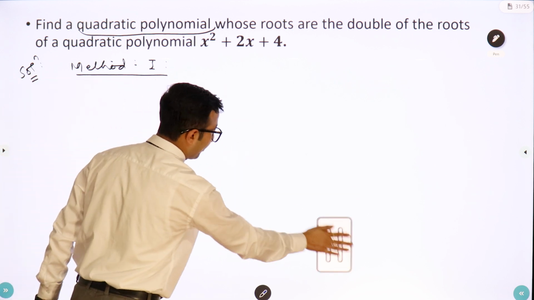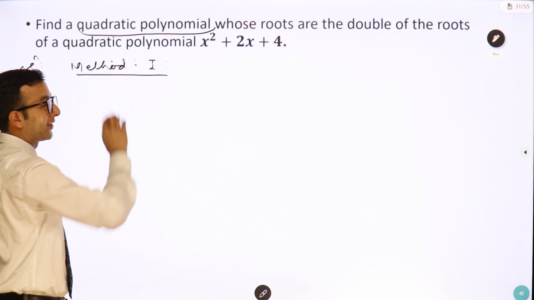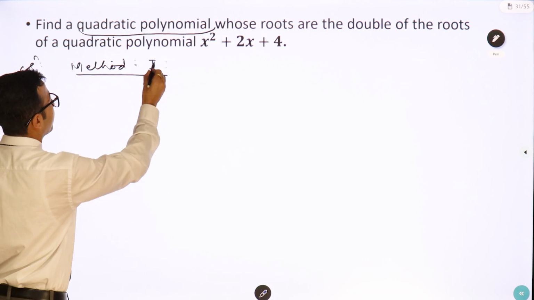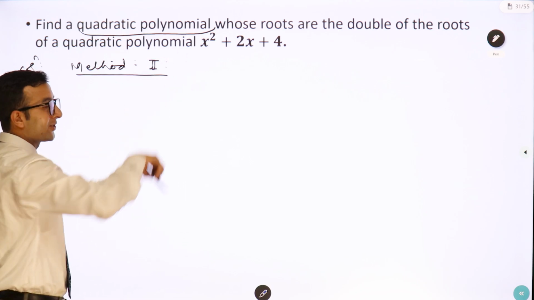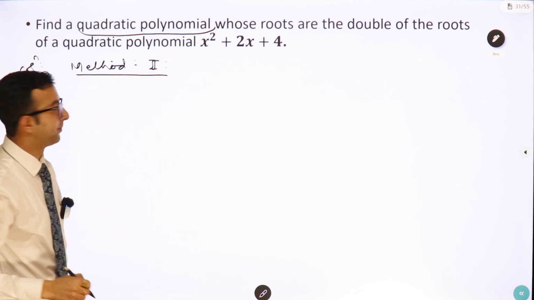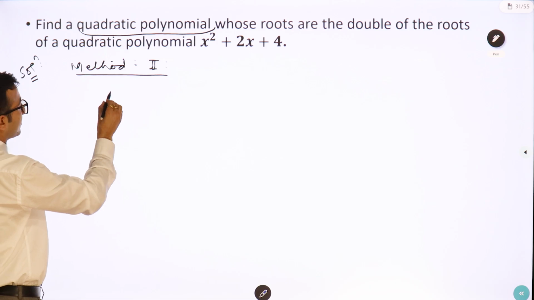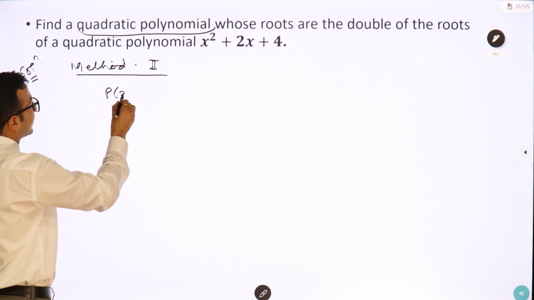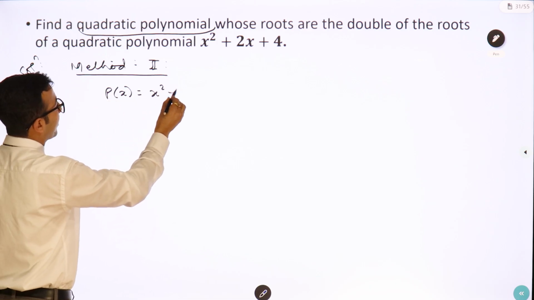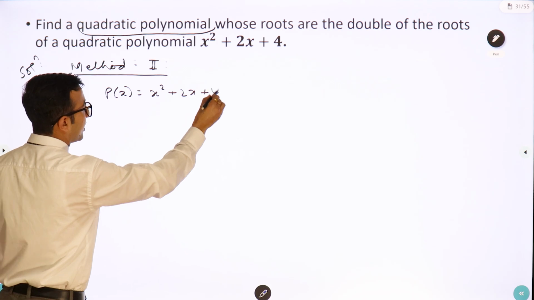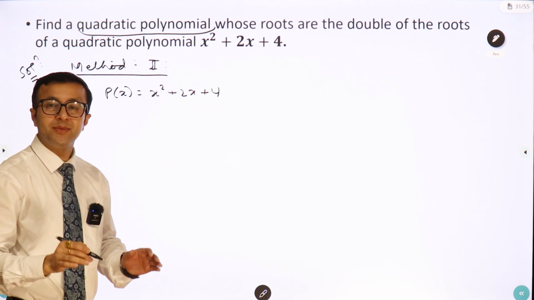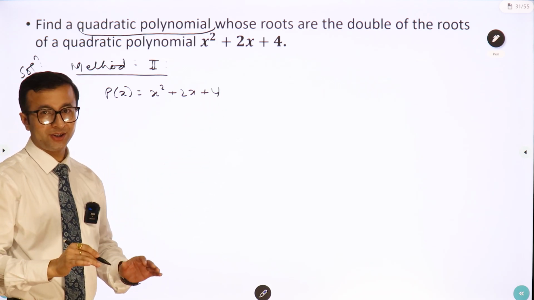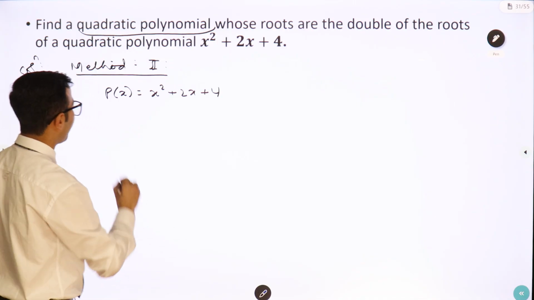So what is the next method? I'll explain what method number 1 was in another question. Let me first solve this one with method number 2. P(x), that is given to us, is x square plus 2x plus 4. We will use the relationship of the sum and product with the coefficients.